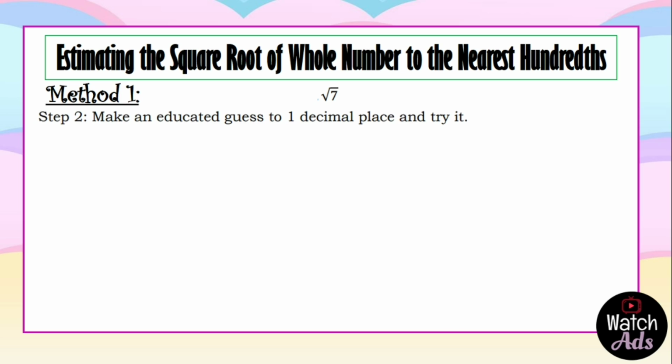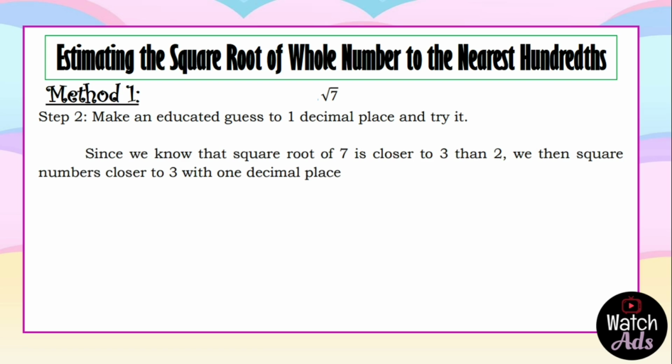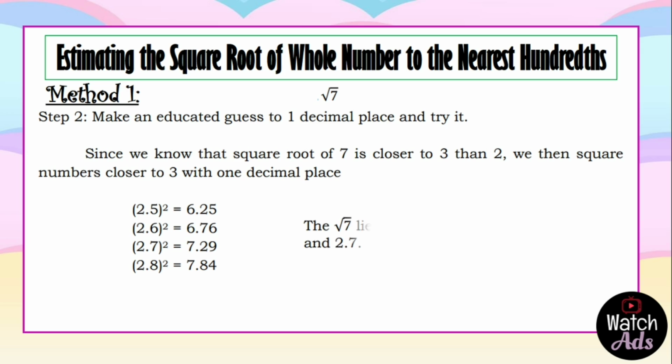Step 2. Make an educated guess to one decimal place and try it. Since we know that the square root of 7 is closer to 3 than 2, we then square numbers closer to 3 with one decimal place. Let's have 2.5 squared that is equal to 6.25, 2.6 squared that is equal to 6.76, 2.7 squared is equal to 7.29, and 2.8 squared is equal to 7.84.